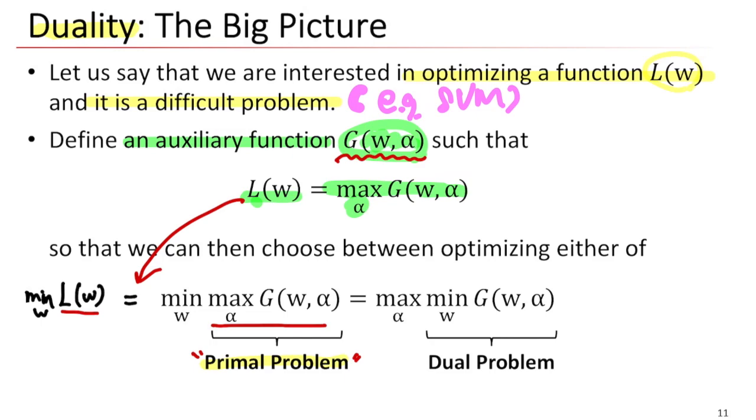In this case, we can switch the minimization problem and the maximization problem. Then we get a new optimization with the maximization in terms of alpha and the minimization in terms of w with this auxiliary function. This is called the dual problem.